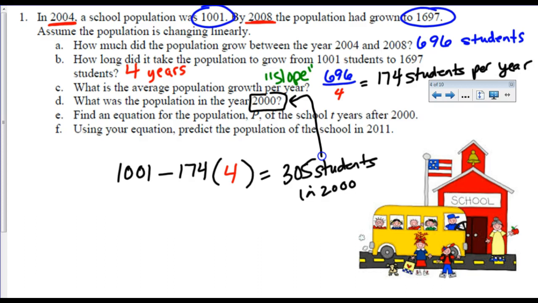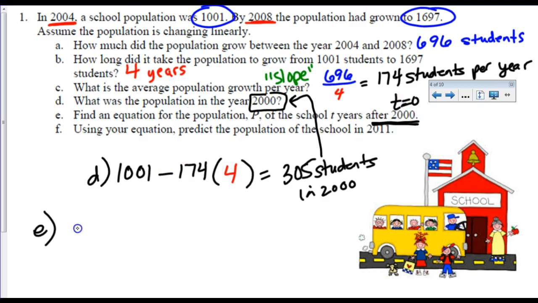And now it says find an equation, and then we're going to have to use the equation after that. So this is part D, here's part E. They want me to start in the year 2000 as my starting point in time. So what that means is we can measure time starting in the year 2000. So t equals 0 is the year 2000.